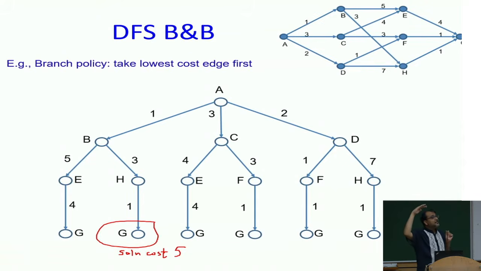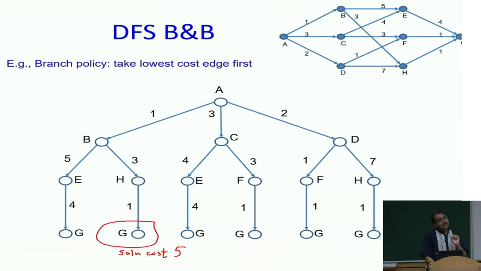As soon as I find a solution, my best cost is less than or equal to 5. My upper bound has become 5. This may be the optimal, we do not know, or we may find a better solution, but we know that a better solution will always be less than 5. If it is as good, it may be 5, if it is worse, it may be greater than 5. So, I have reduced my upper bound to 5.